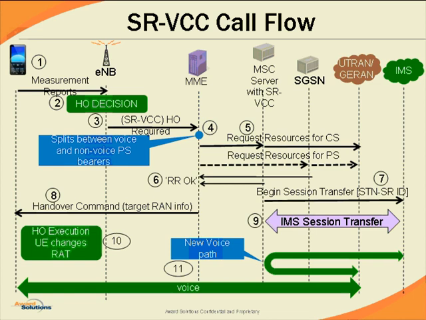Okay. So right now, our voice over IP call is ongoing. We have bearers established. We have an end-to-end EPS bearer between the UE and the PGW, and IP packets are flowing, voice over IP packets.